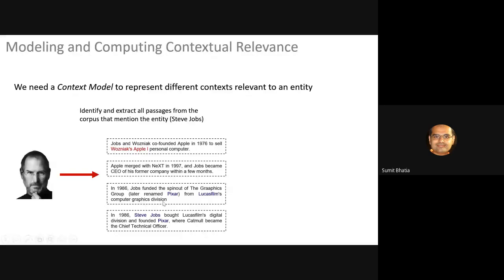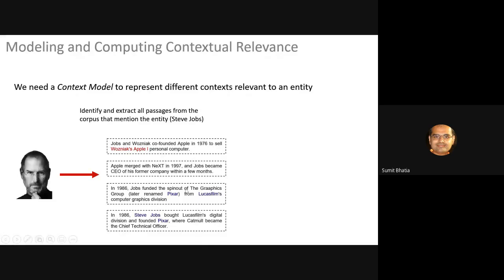So note here that different passages or sentences capture different contexts in which Steve Jobs is mentioned in Wikipedia. For example, the first two passages are in the context of Apple. The third and fourth are in the context of Pixar animations, right?